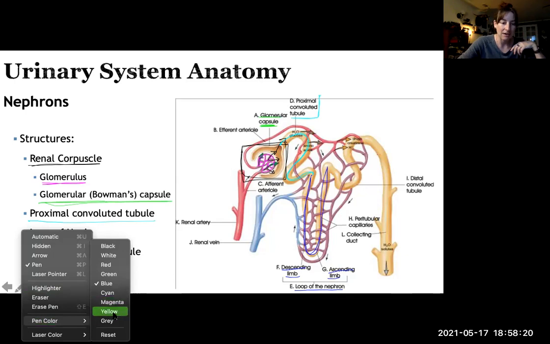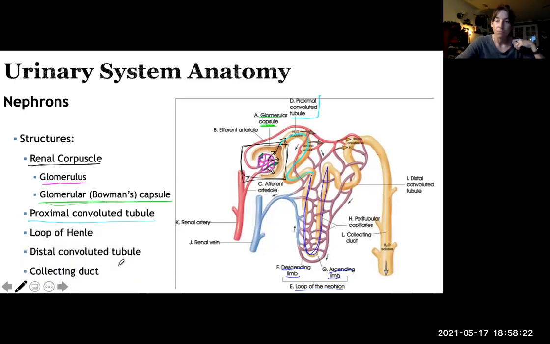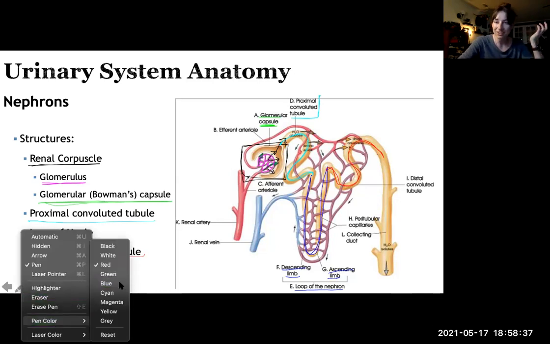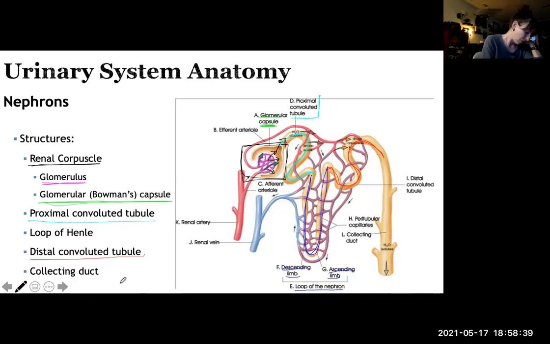Finally, you have the distal convoluted tubule, which is from approximately here to here. Okay, so these convoluted tubules, convoluted as in tangled or complicated, right? So you have a proximal one that's closer to the glomerulus and a distal one.